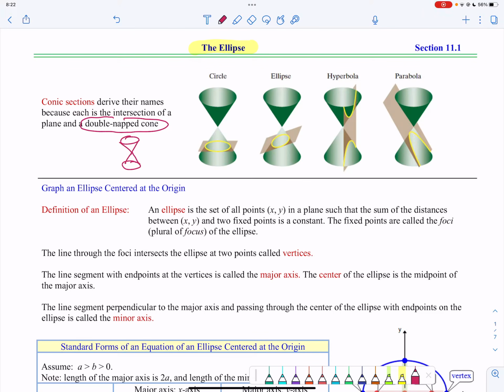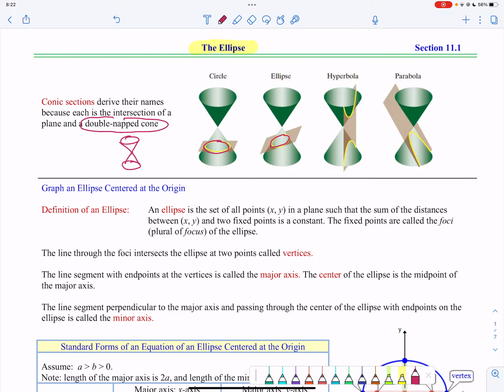Let's first look. We have a circle, and as you can see, that is a horizontal cross section of the cone. An ellipse, if it's not horizontal, at any angle, as you can see, we will have an ellipse.